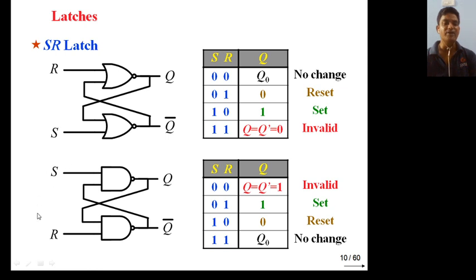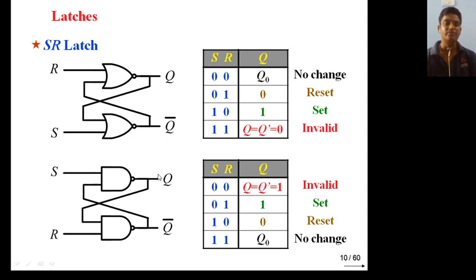I will just apply the shortcut method. If any one input is low, the output is high. You don't need to bother about this Q and Q bar.